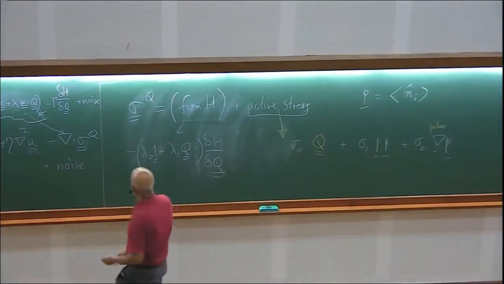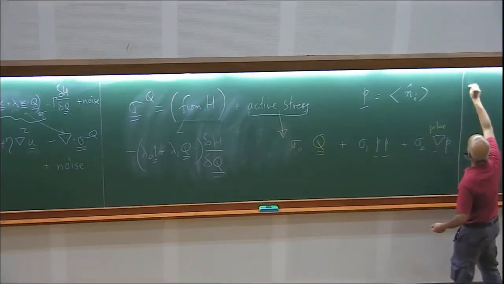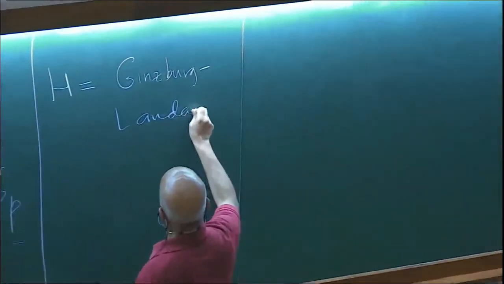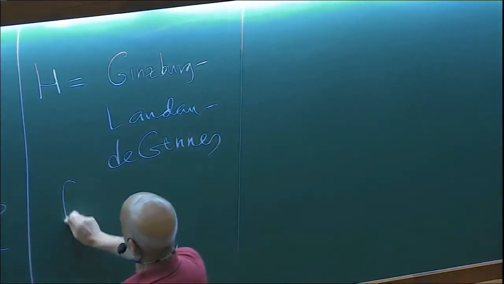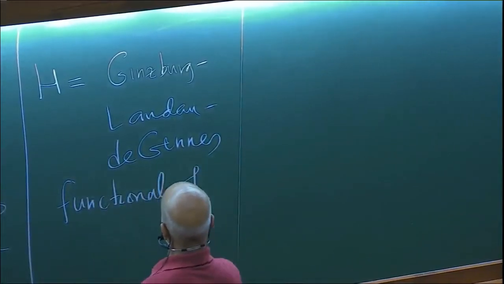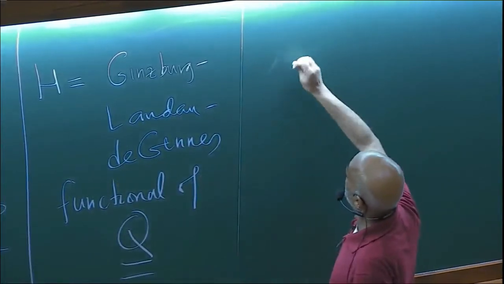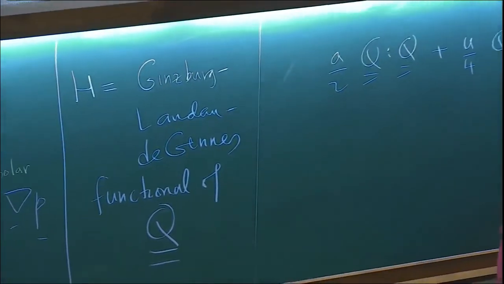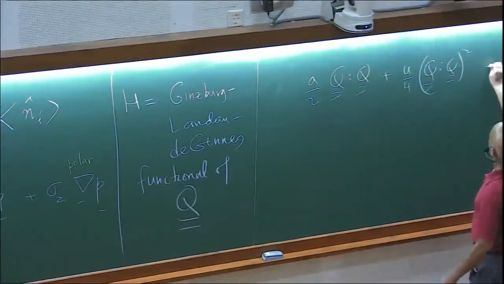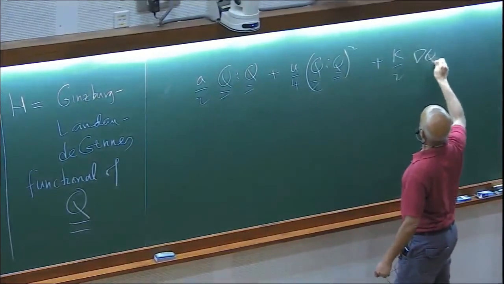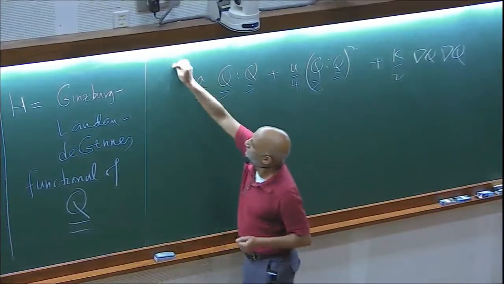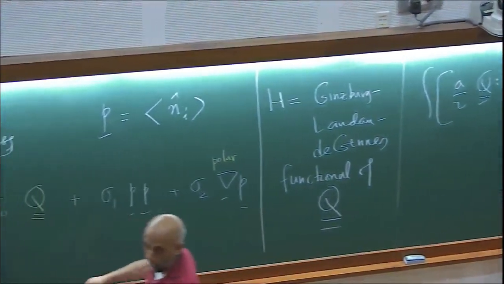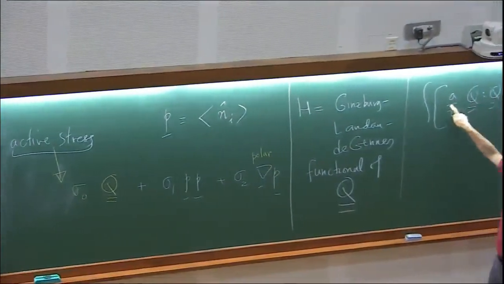I didn't tell you in detail the form of H. At this level of description, H is just the Ginzburg-Landau-de Gennes functional, by which I mean that it'll have some Q squared term, or some general polynomial in Q, as I wrote down last time, and it'll have that Q term, etc., maybe some coupling to the density, etc. So you will tell me, if you're really on the ball, that I can generate this term from here by just shifting this coefficient. Right? Nothing new about that term. It's actually there.